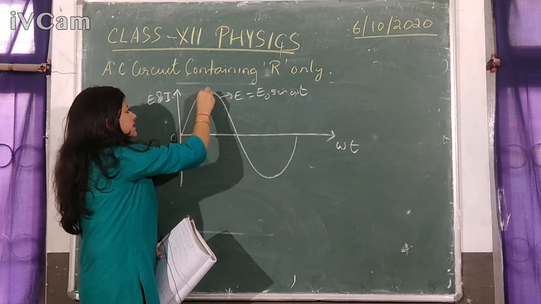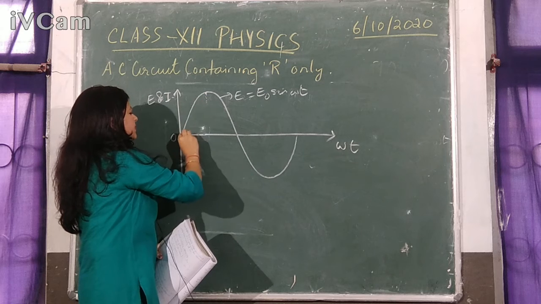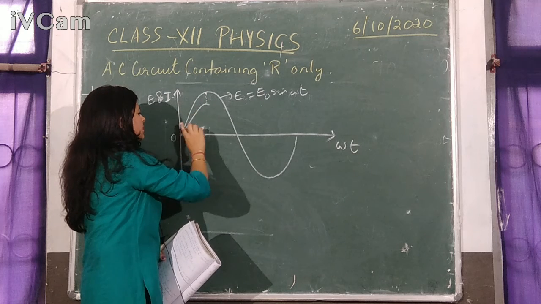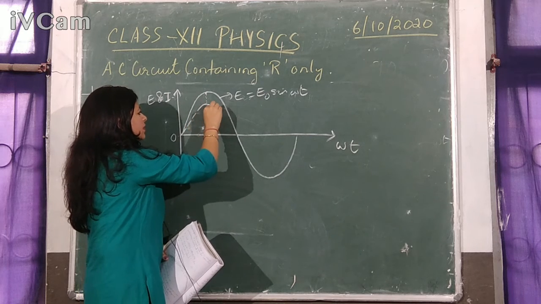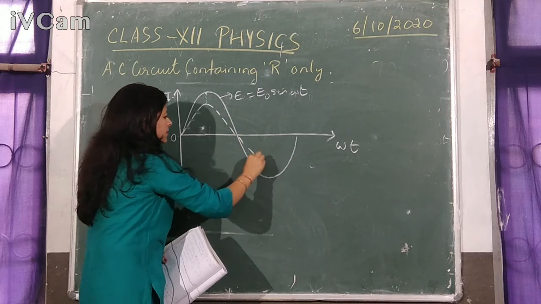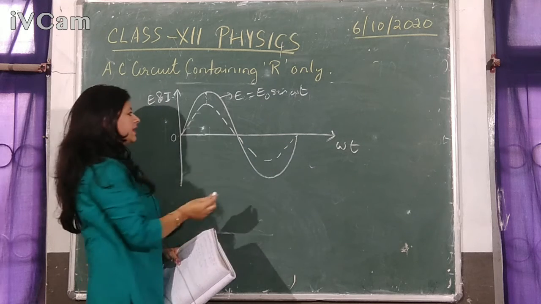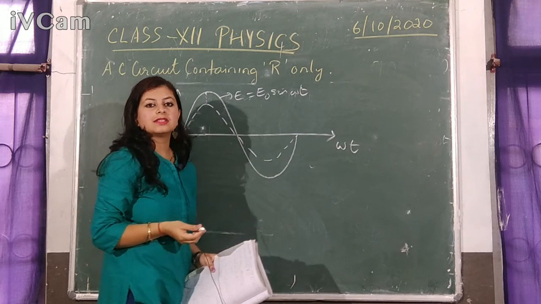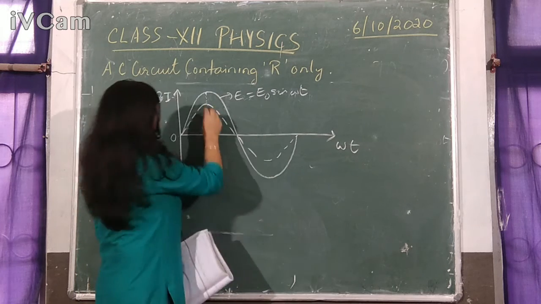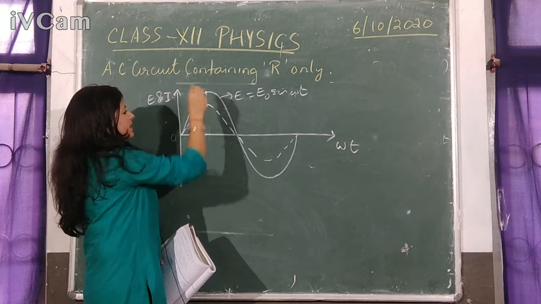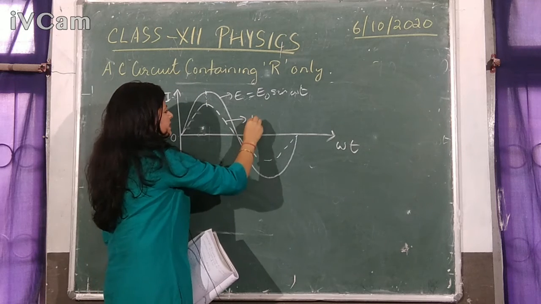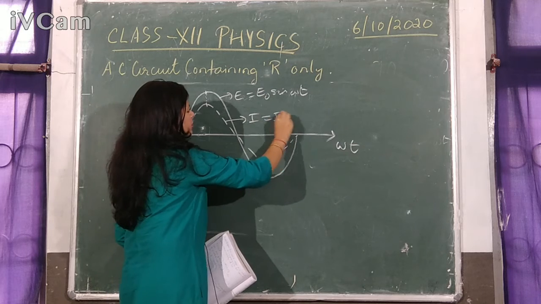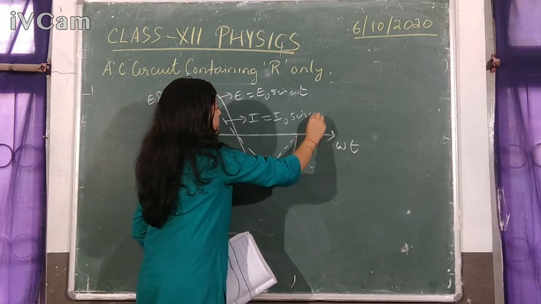If E is at the maximum, I will also be at its maximum. So I will just draw a broken wave to show I. Here the amplitude of I is slightly less because I naught is equal to E naught divided by R. The peak value will be slightly less than the peak value of E. So this is the plot for I equal to I naught sine omega t.